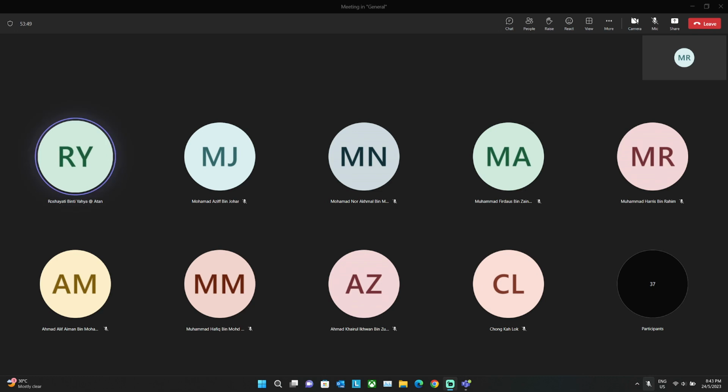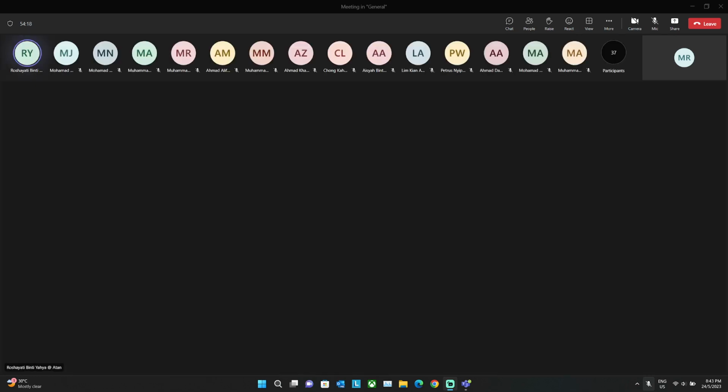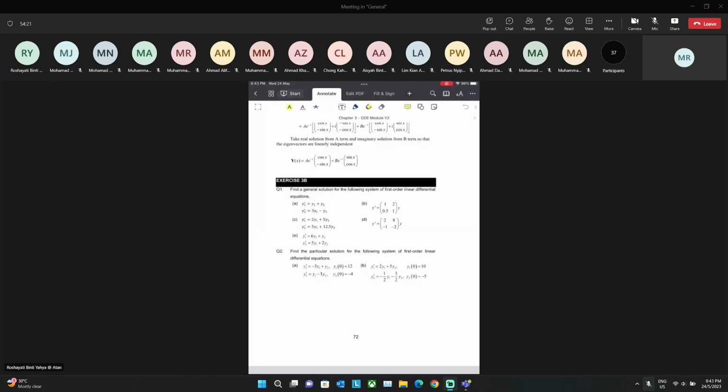Homogeneous page 71 sampai 72 and then, okay. Nampak? Nampak, madam. Nampak, alright. Doktor.